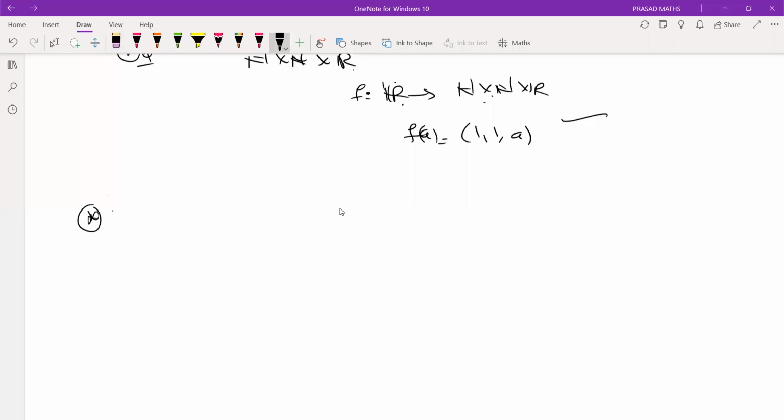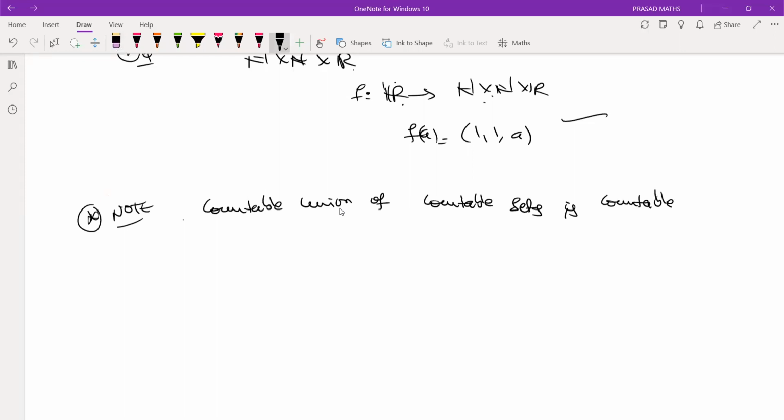Suppose A1 is countable, meaning you can write that equation. Notice: a countable union of countable sets is always countable.